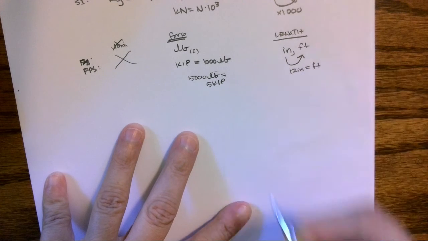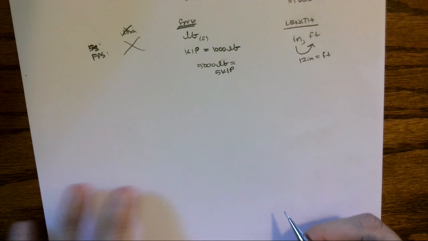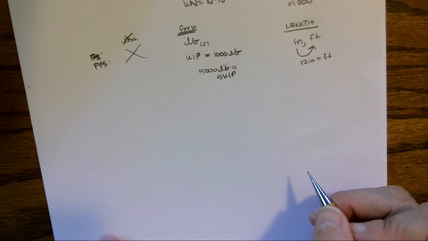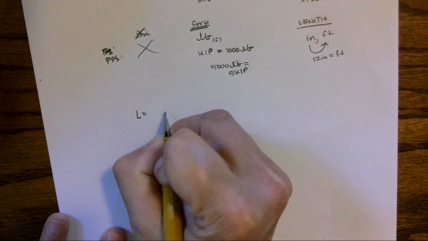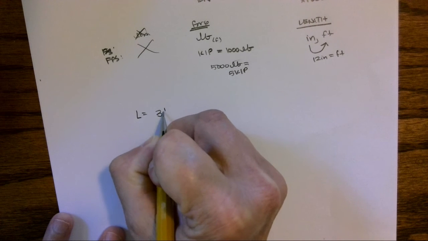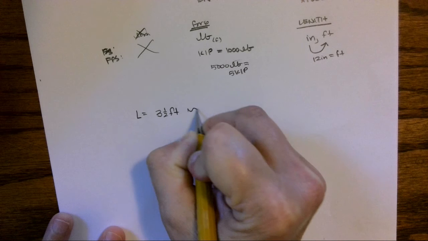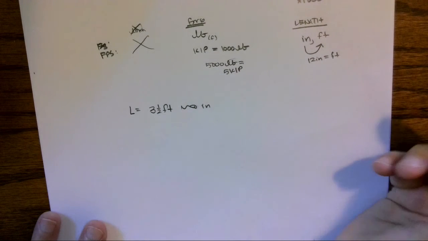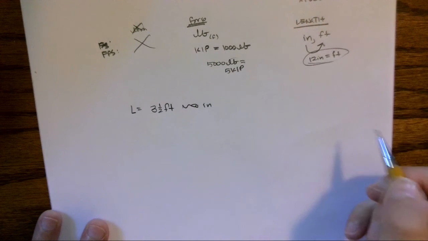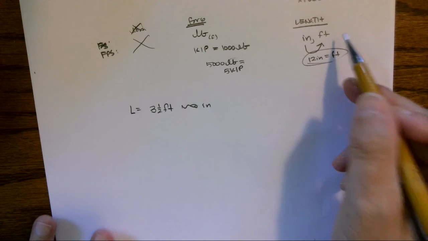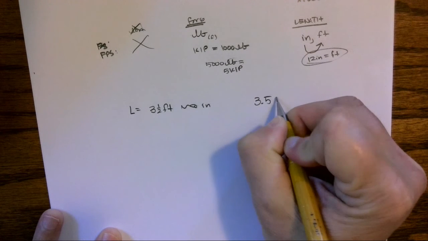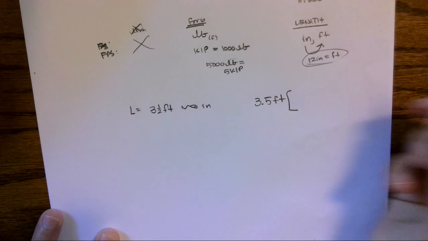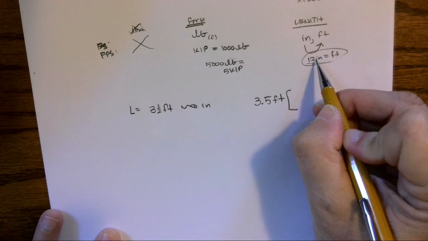Okay, so if we're doing conversions, and let's say that I have something and the length is 3.5 feet long, and I want to put that in inches, then I'm going to remember my conversion of inches to foot. So I have 3.5 feet. My conversion is 1 foot, 12 inches.